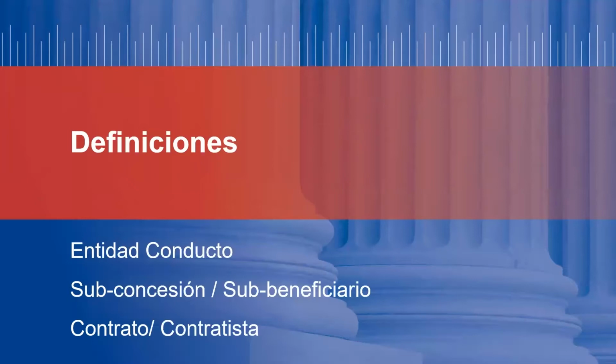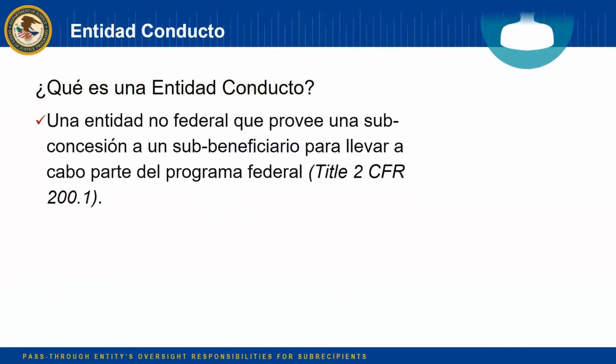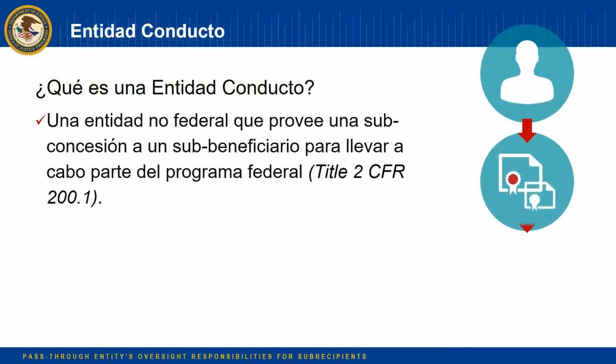So again, as I mentioned, I want to cover some definitions so that we're all on the same page in reference to understanding the terms that will be used throughout this presentation. So we'll do definitions for sub-awards, sub-recipients, contractor, contract, as well as the pass-through entity.